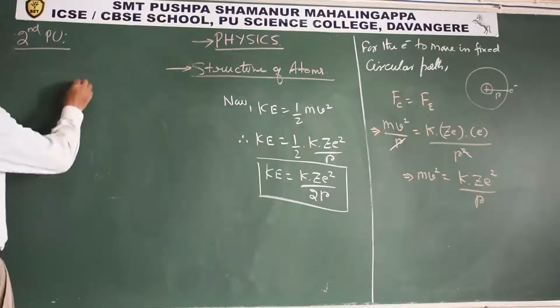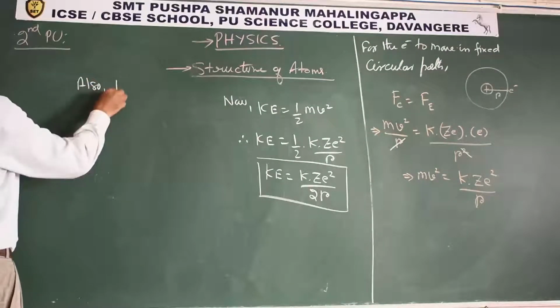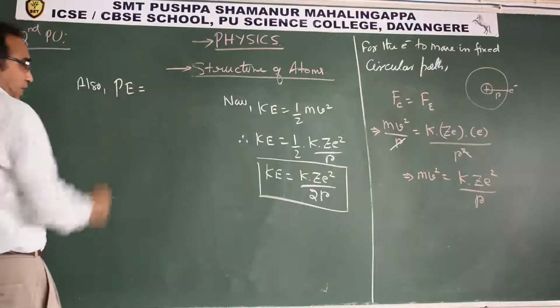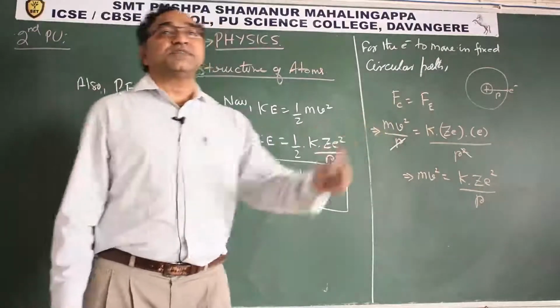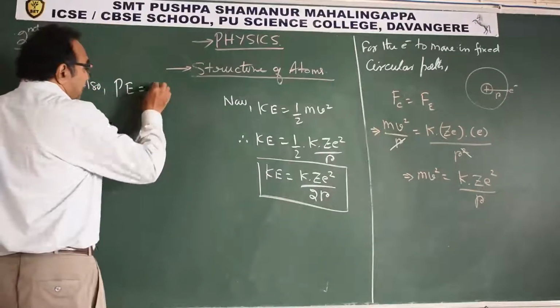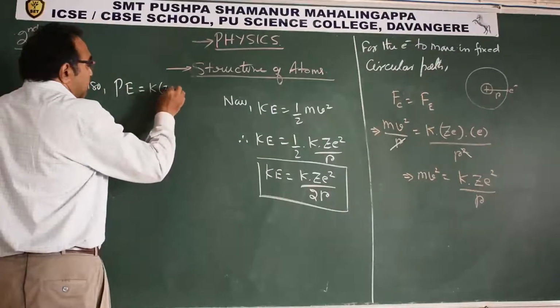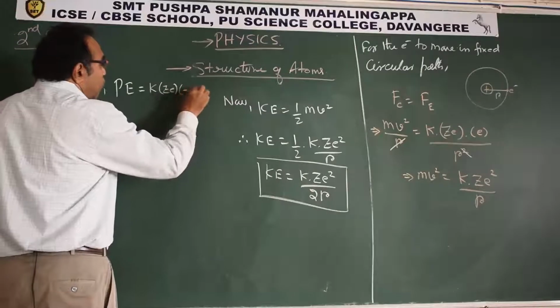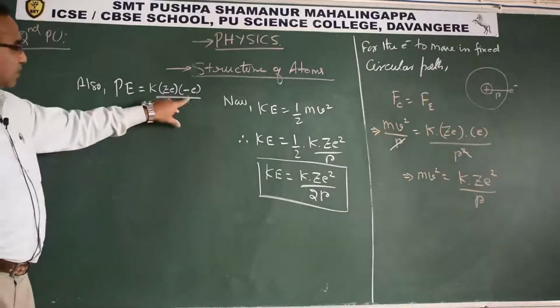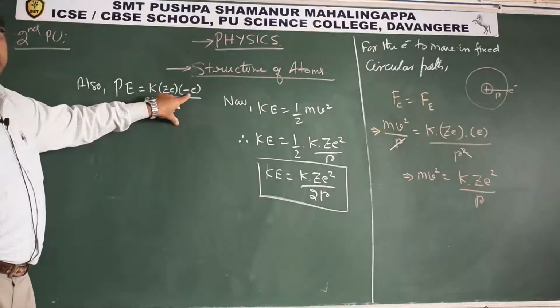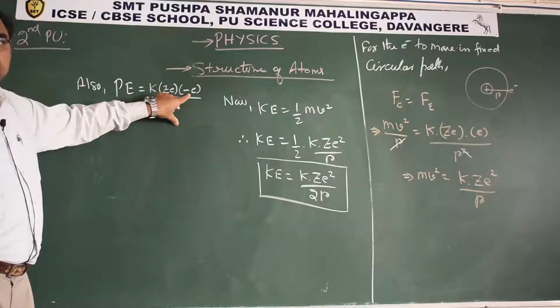What is the electrostatic potential energy of a two charge system? It is k q1 q2 by r. I repeat, if you remember, in electrostatics we have discussed this.